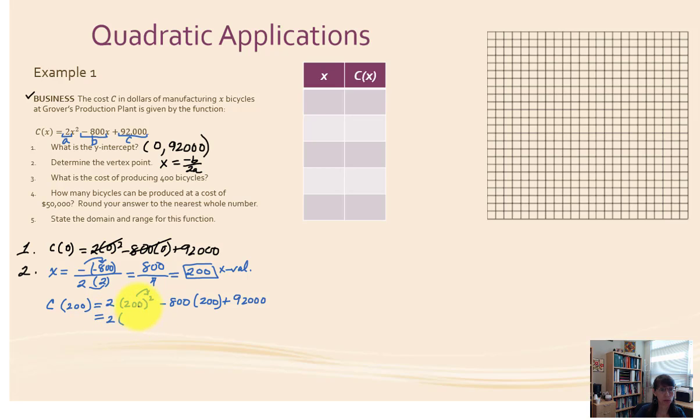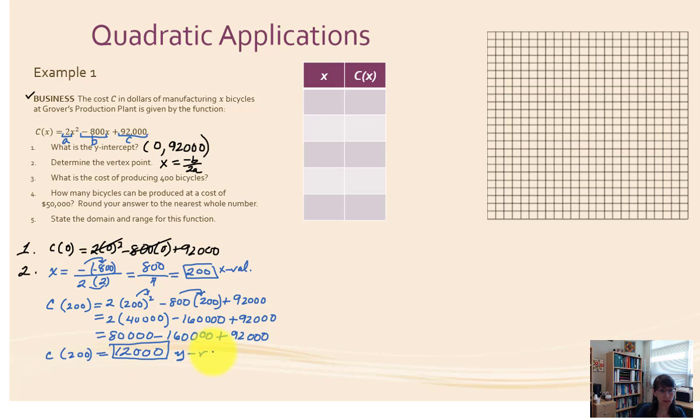So 2 would be multiplied by 200 squared, which is 40,000. Negative 800 times 200 would be negative 160,000, plus our 92,000. So we're ready to multiply: 2 times 40,000 would be 80,000 minus 160,000 plus 92,000. So when we evaluate this function with an x value of 200, our output is 12,000.